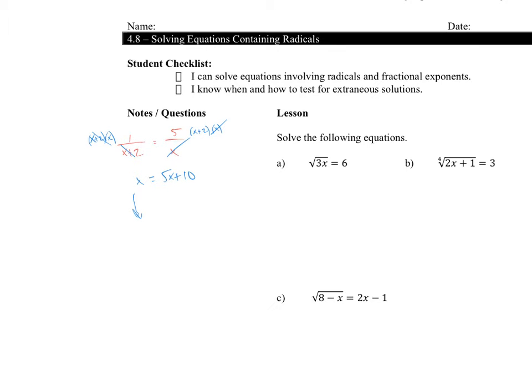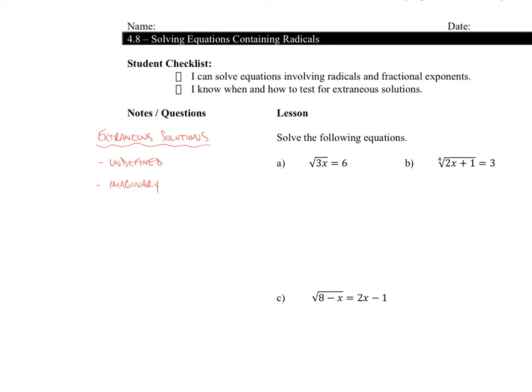So before we start doing these, I want to make sure that we remember what would count as an extraneous solution. All right? So let me get this out of the way here, and let's just remind ourselves of what those extraneous solutions can be.